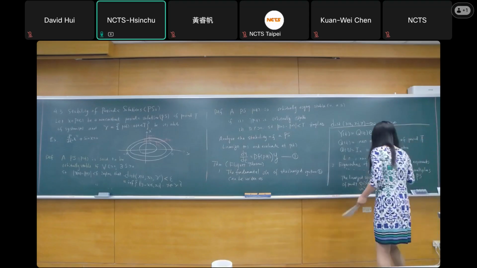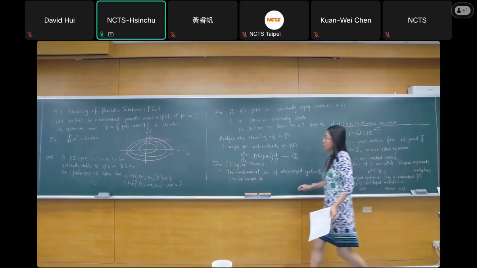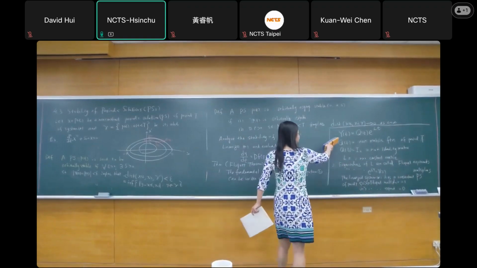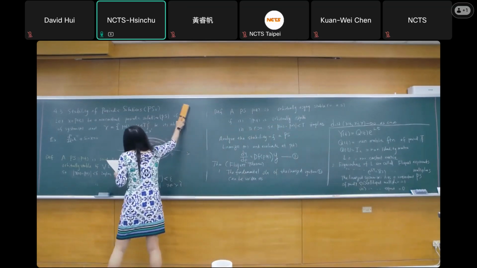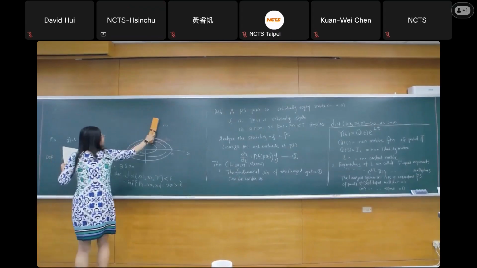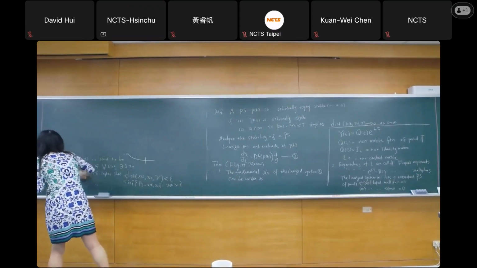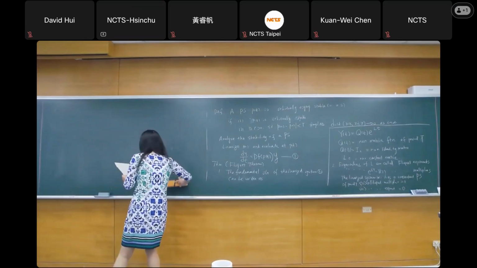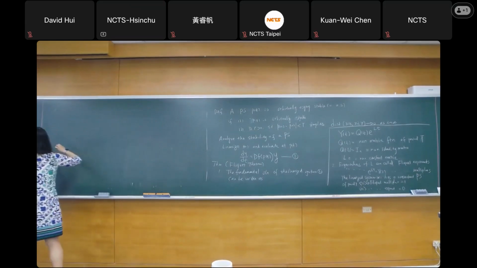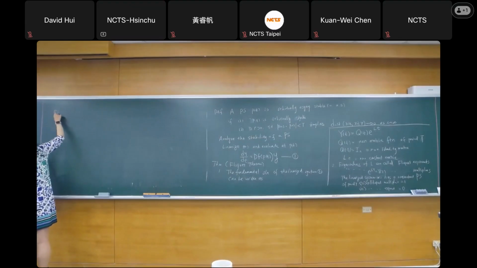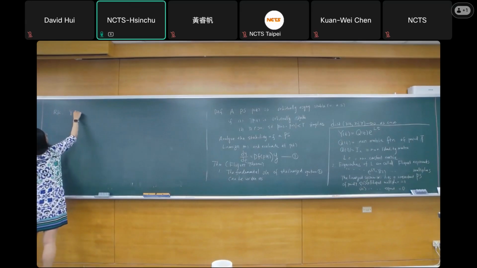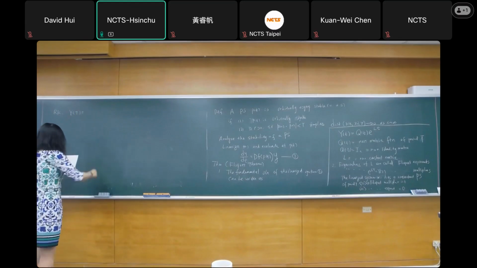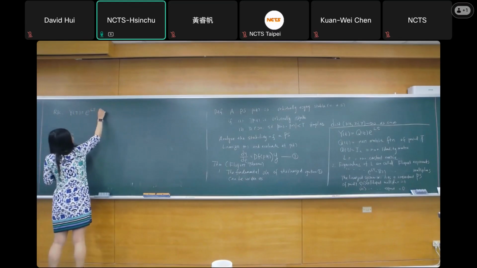However, there are a couple of remarks. One thing I have to warn you is, in general, it's very hard to calculate this. For people familiar with Floquet theory, this has another name.